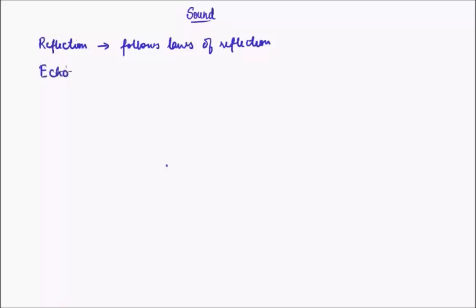You all must have heard the word echo, and I guess a lot of you might know what echo is. But to give a formal definition, echo is basically a sound heard after the reflection of sound from a certain surface, from a distant obstacle, after the actual sound has ceased.